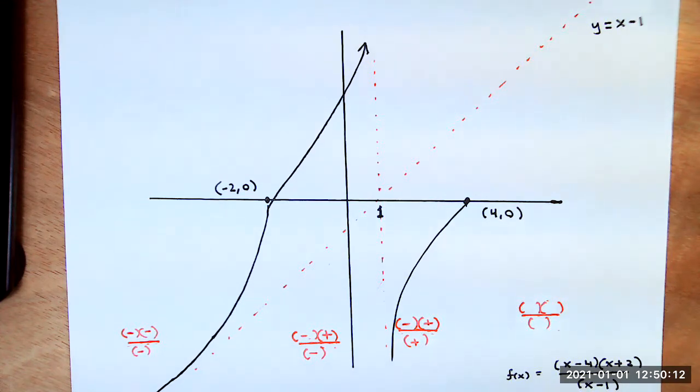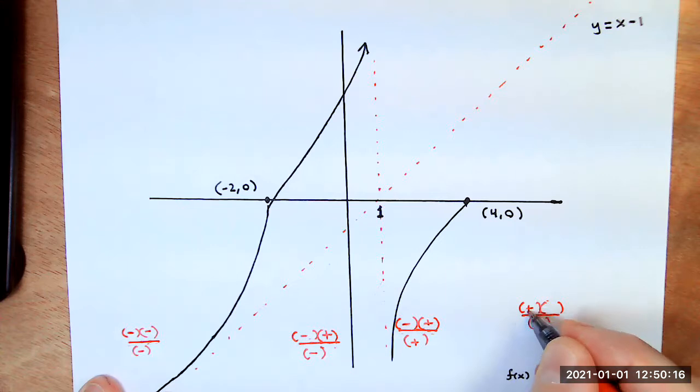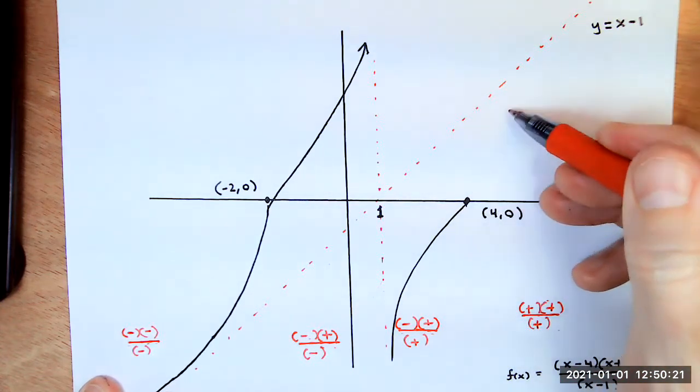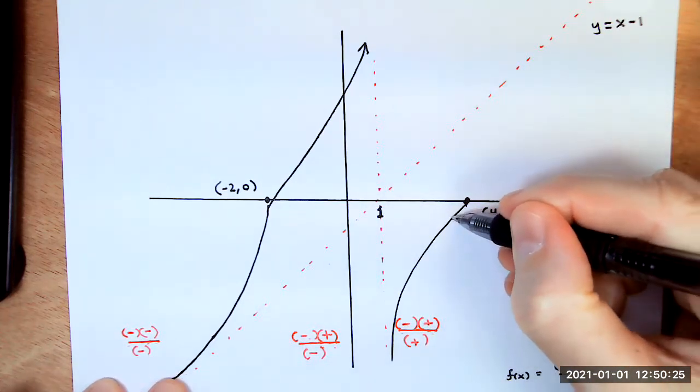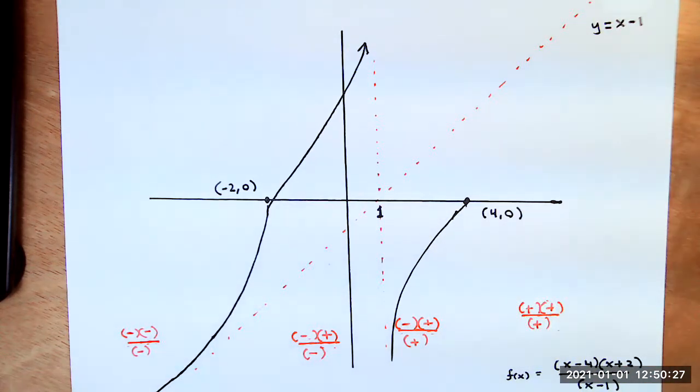And then when x is greater than 4, this will be positive, positive, positive, and get closer and closer to our line.